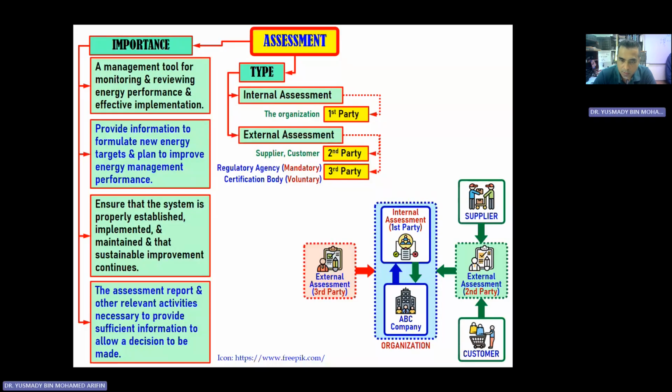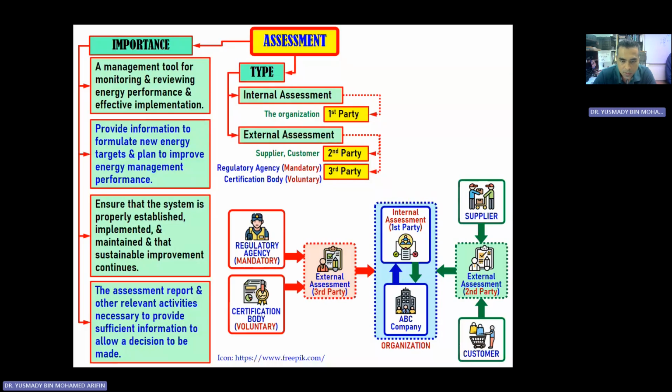And also we have the second type of external assessment, considered as the third party, such as the assessment from the regulatory agency, which is normally mandatory from the government, and also the certification body, which is normally voluntary, such as the ISO certification and so on.